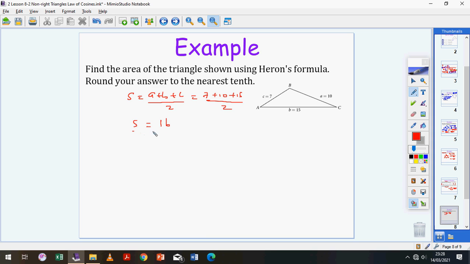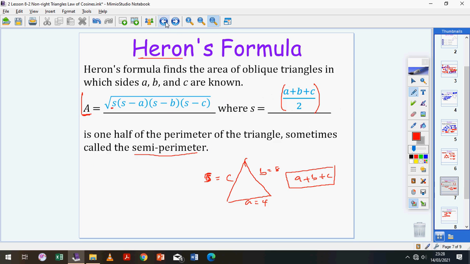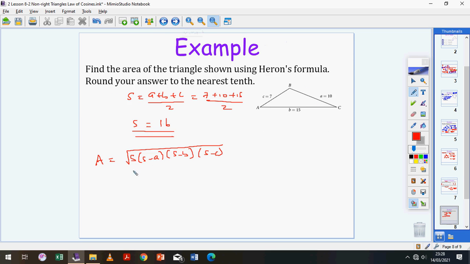Alright, now the formula, area is equal to S into S minus A. It's not very hard to remember. S minus B and S minus C, square root, right? This S minus A, S minus B, S minus C.